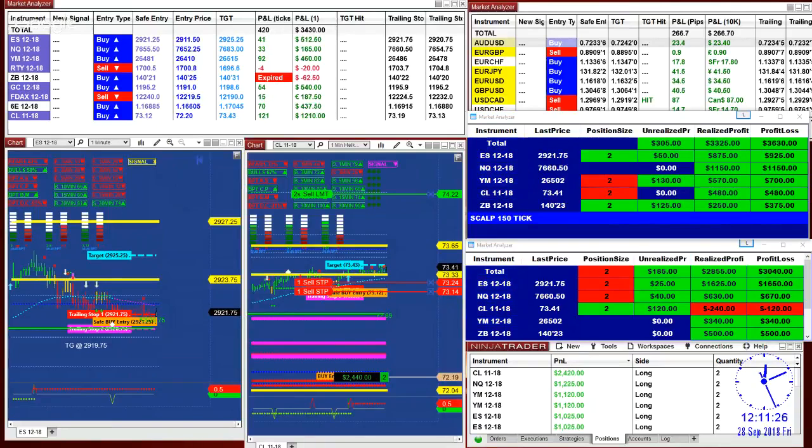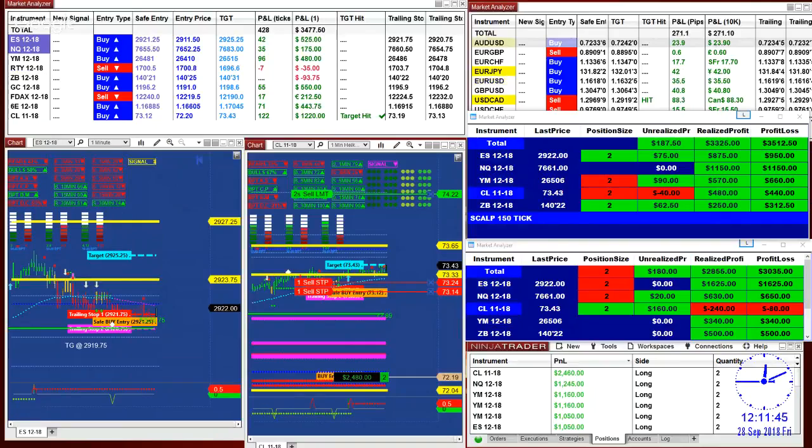Okay, well, they are holding. I think we are done for today. It was a beautiful day, very nice, smooth. Everybody made money. Everybody is leaving here happy.